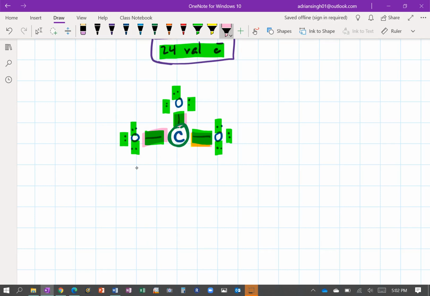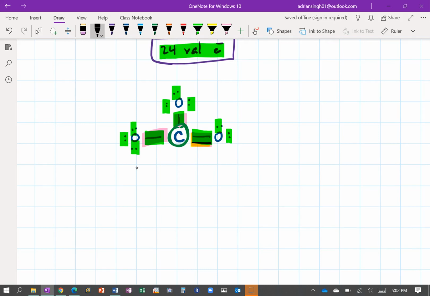So the only way to fix that would be to move a lone pair of electrons in to make a double bond. So we can, for instance, take this lone pair and move it in here to make a double. So then we would end up with a double bond between the carbon and that oxygen on the right side.